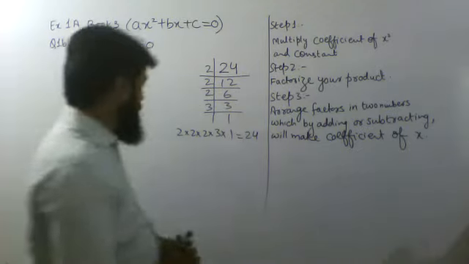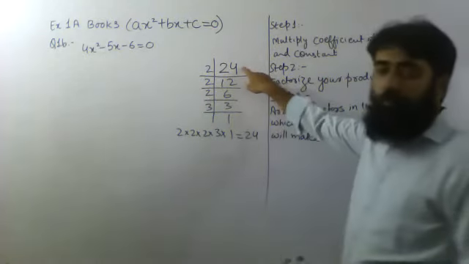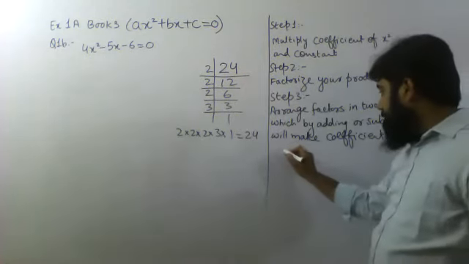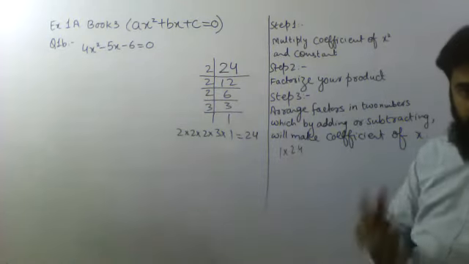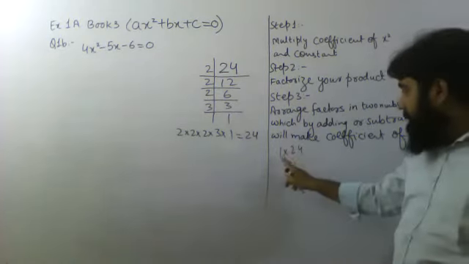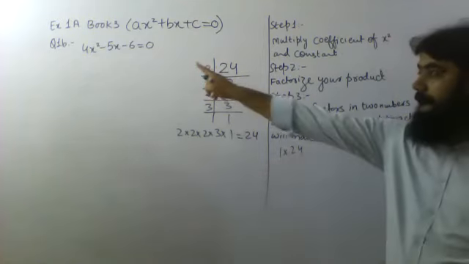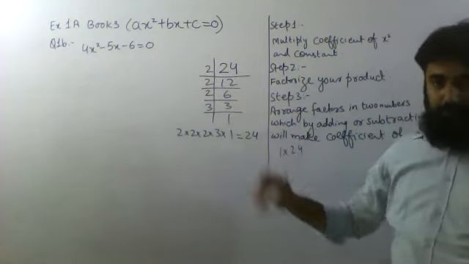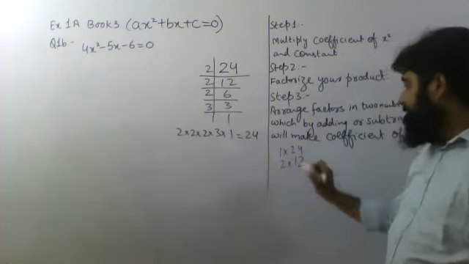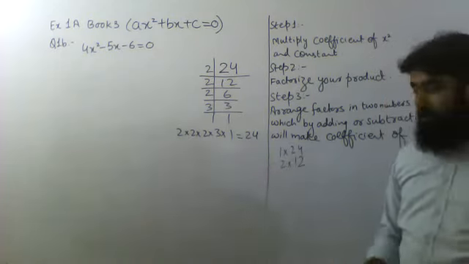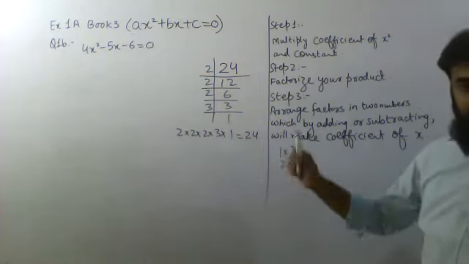Okay, what is sir doing? See, this is 24. 1 into 24, two numbers, but by adding or subtracting, I can't get 5. 2 into 12. Okay, 2 into 12, again 24.